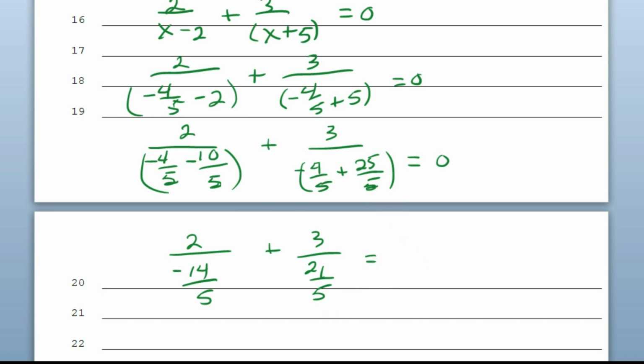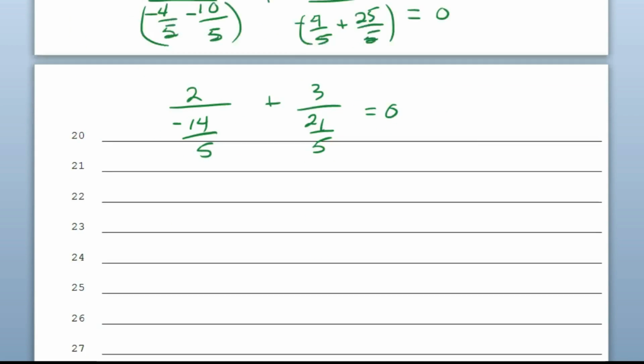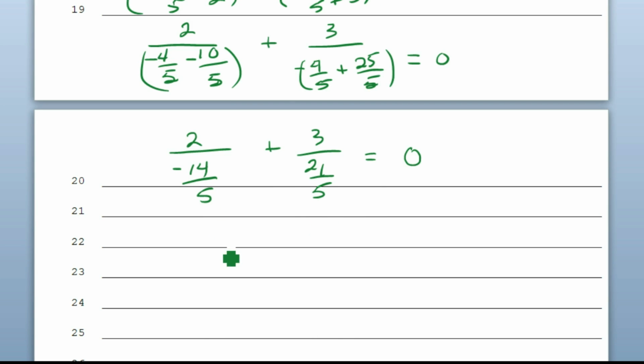21 fifths equals 0. To clear up these denominators, just multiply by the inverse. So you'll have 2 times minus 5/14 plus 3 times 5/21 equals 0.